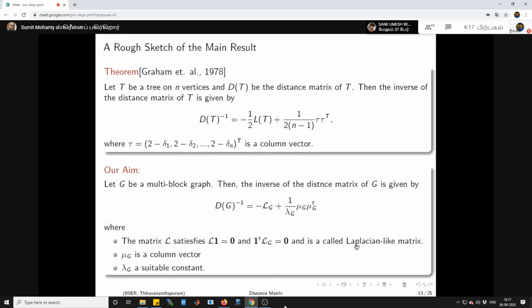That's why it is called a Laplacian-like matrix in the literature. Our aim is to compute an inverse of this form, where this mu, which depends on G so I write mu G, is a column vector and lambda is a suitable constant.